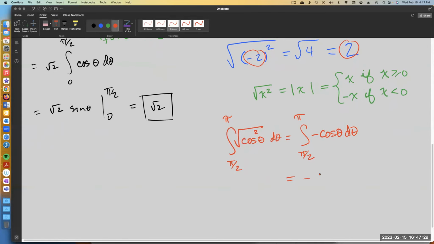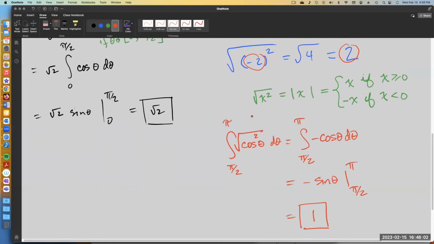And then we integrate. So sine of pi is 0, and then we're going to have minus a minus, which is plus. Sine of pi over 2 is 1. So just as an example, if cosine is not positive, the square root of cosine squared is going to be negative cosine, not positive cosine.